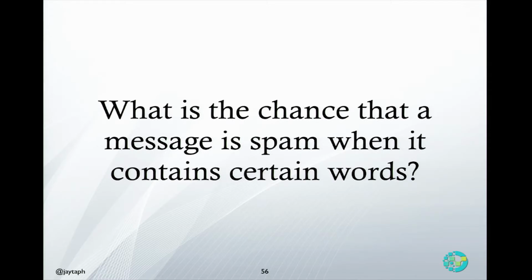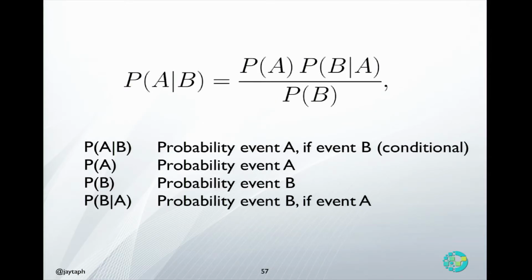It can put a percentage on that, like it's very likely that this message is spam because it contains Viagra, etc. This is the actual formula, and I won't go into details, but basically P(A|B) is the probability of event A considering event B occurs: P(A) multiplied by P(B|A) divided by P(B).